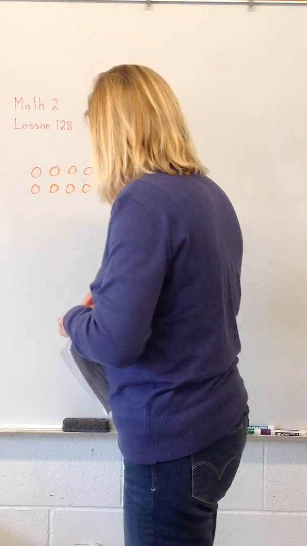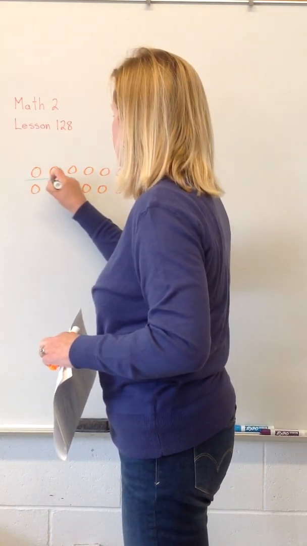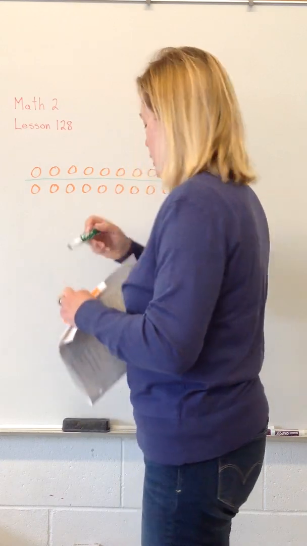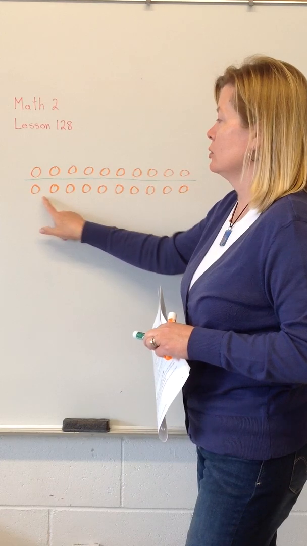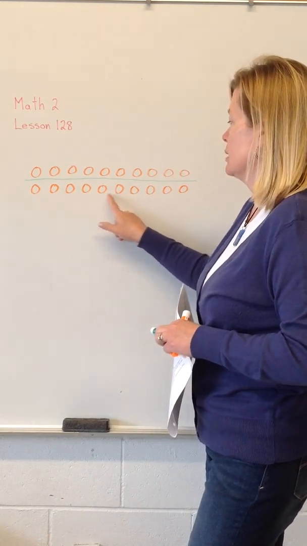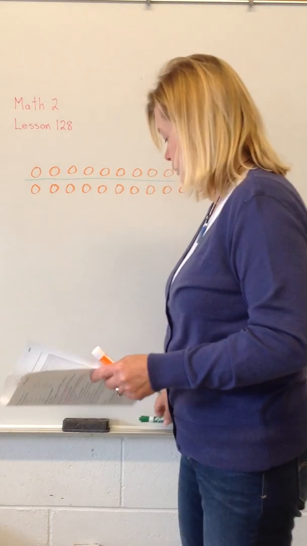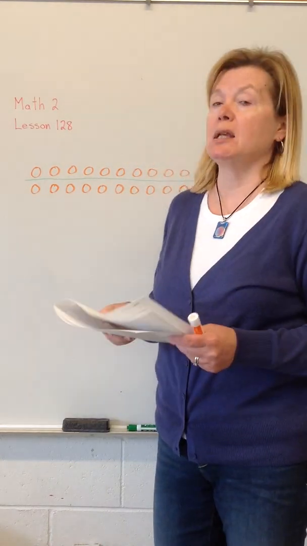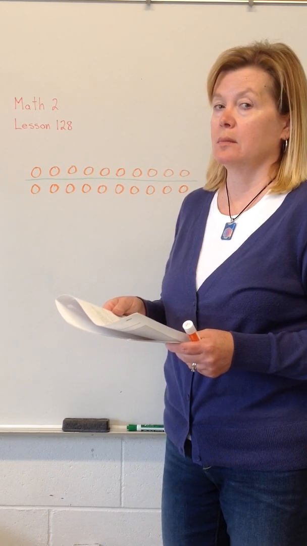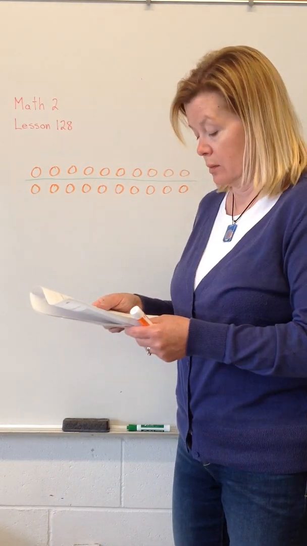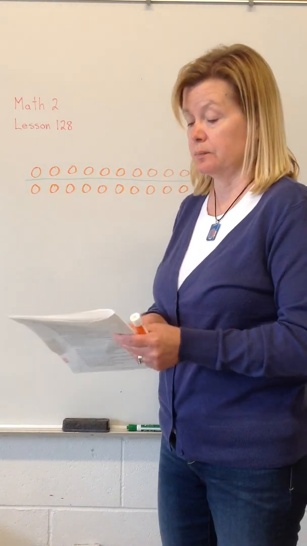I am going to draw a line with a different color so you can see that I have 2 groups. There we go. Let's make sure that I have 20. I'm going to count by 2s. 2, 4, 6, 8, 10, 12, 14, 16, 18, 20. There we go. So how many children are on each team? I hope you said 10. So 20 divided by 2 equals 10.